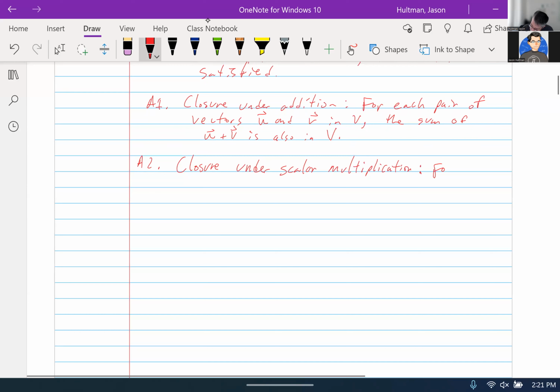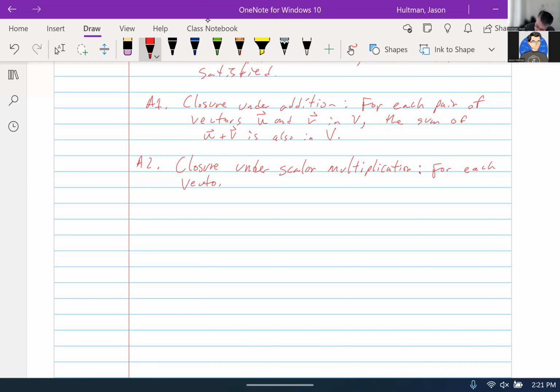For each vector u in V and each scalar r in F, the scalar multiple ru is also in V. So once again, we're not outside the set V.